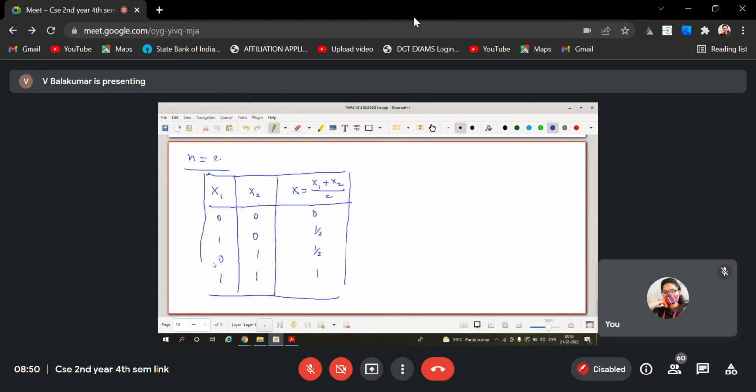These are the possible values. Now we have to draw the probability distribution for these possible values.